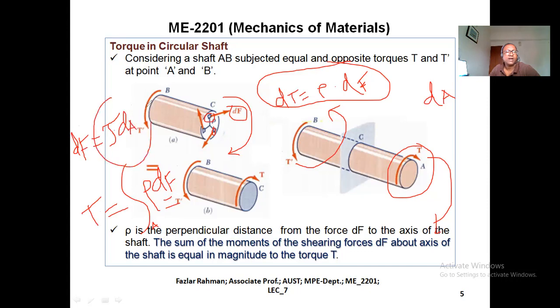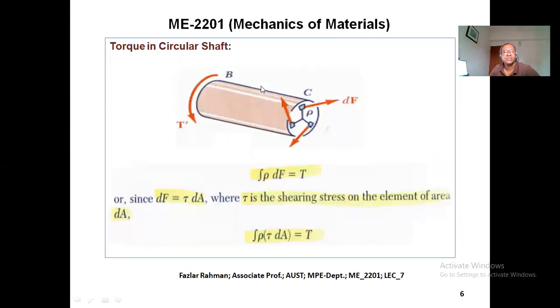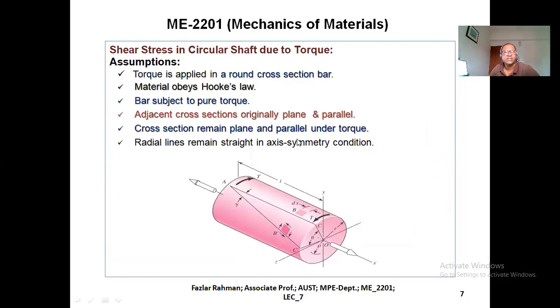So this tau dA we can put over here, and then it becomes an area integration. So torque equals the integration of rho tau dA.